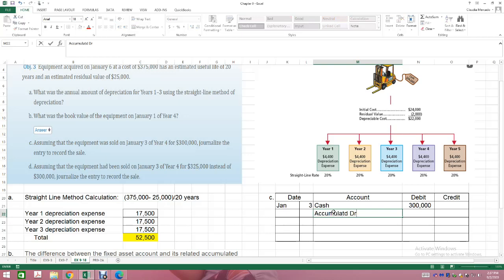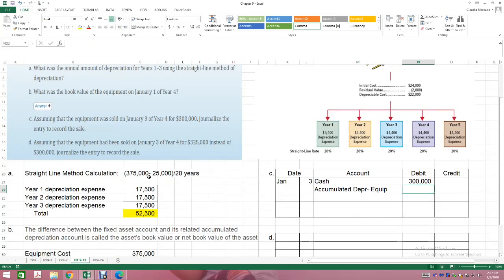So we have accumulated depreciation for the equipment. How much have we depreciated it? Well, we depreciated it 52,500. That's how much was depreciated.